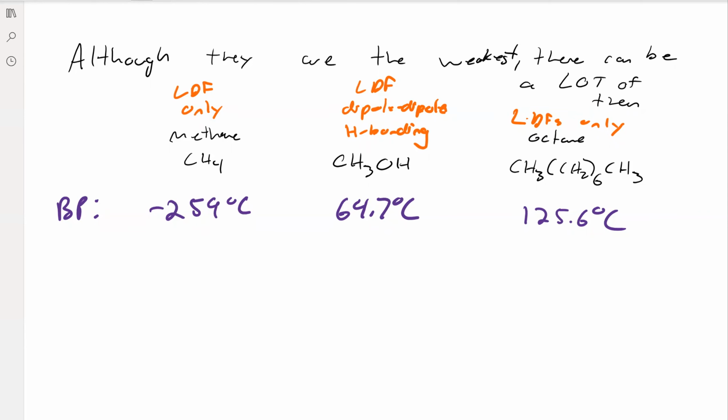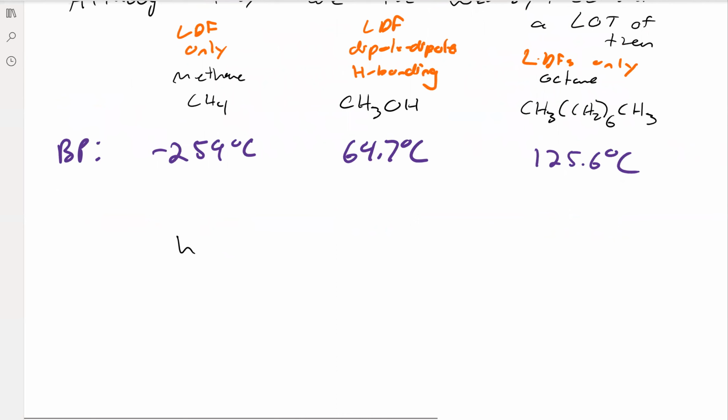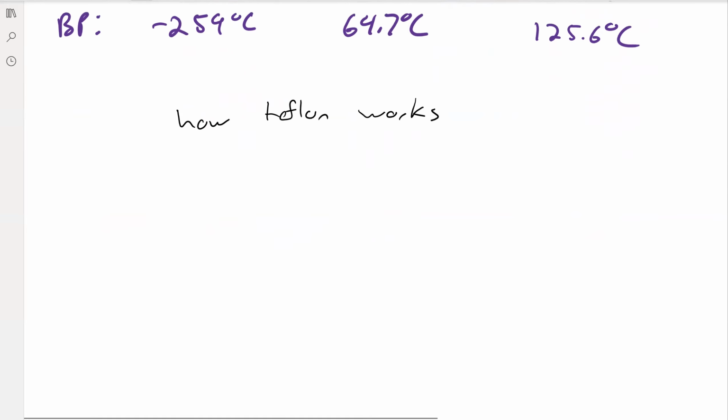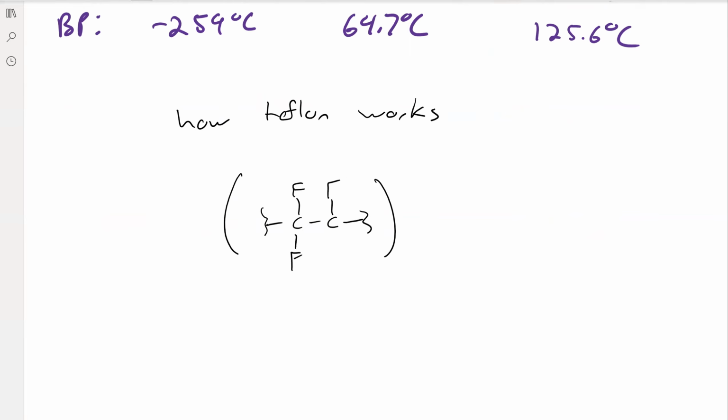So that's pretty cool. It also explains how Teflon works, at least in part. Teflon is that non-stick material that's pretty much everywhere, right? Everyone thinks about pots and pans, but it's in all kinds of stuff. They're fluorocarbons. So most polymers, most plastics are carbon-hydrogen bonds.